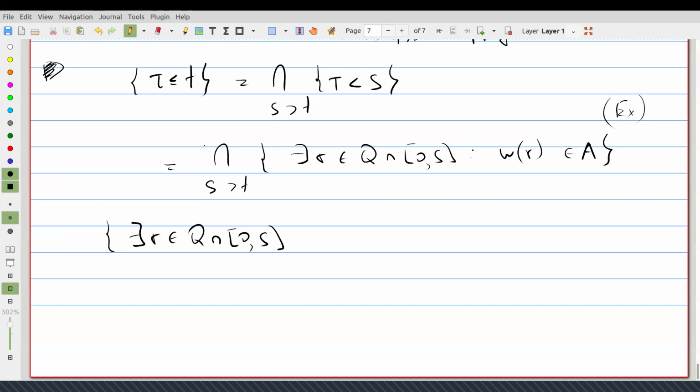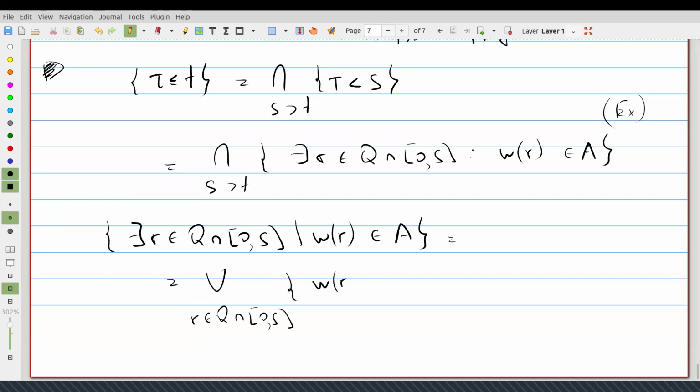Now, since this is an intersection, we can work with this set directly. This is a union over rational r belonging to (0, s), and this is obviously in F^W_s, because this is actually F^W_r measurable, and r is less than s.